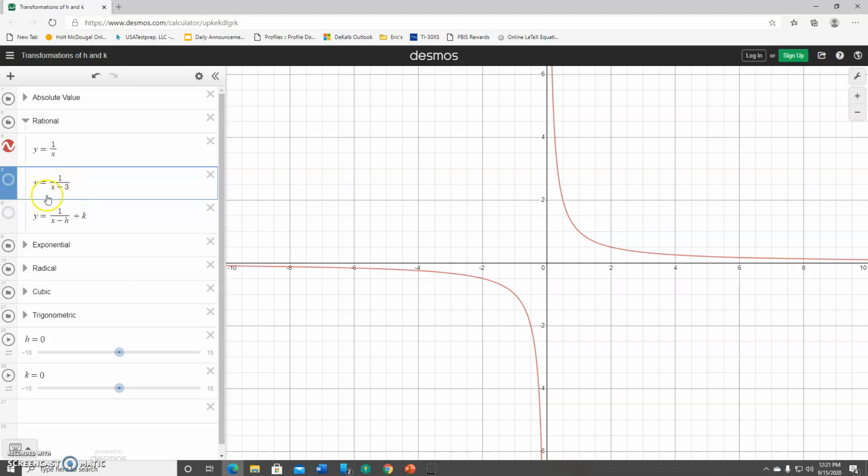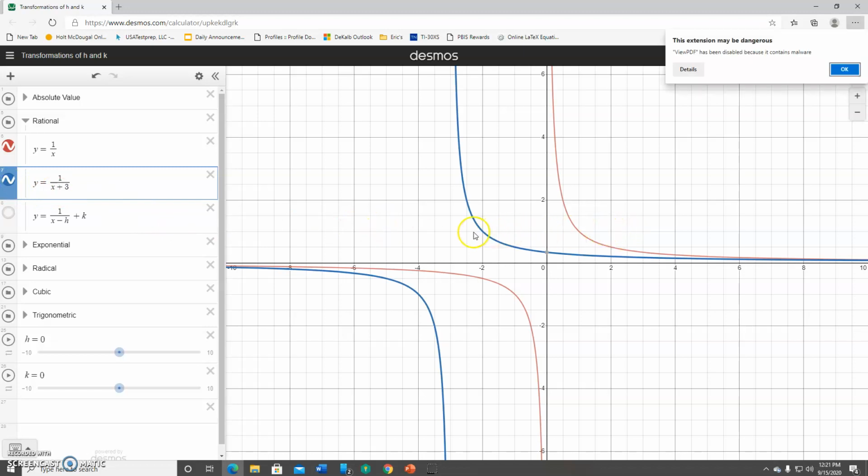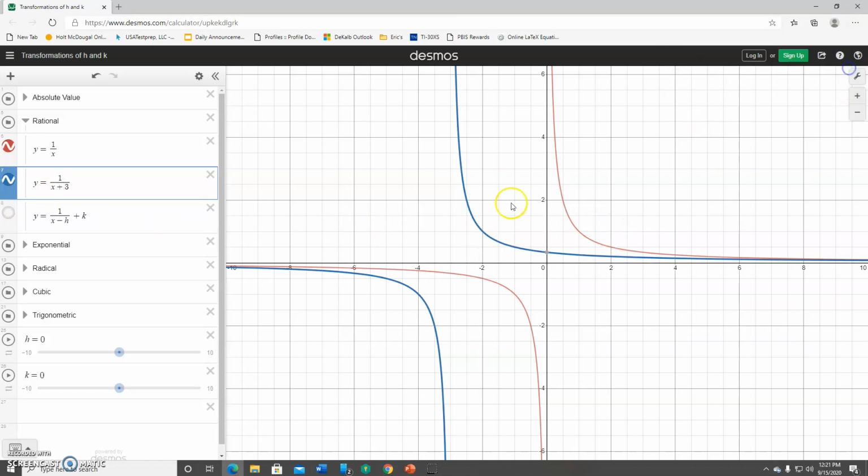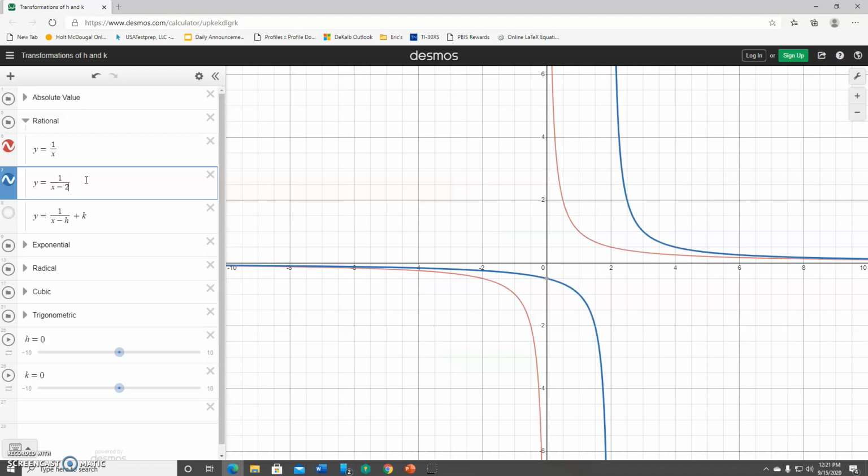So inside the grouping should make it move left or right. Here, plus 3 should make it move left. And in fact, it does. The entire picture just moved 3 to the left. If I subtract, say minus 2, it makes it move right 2 units.